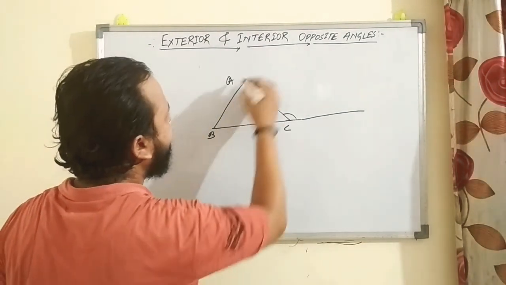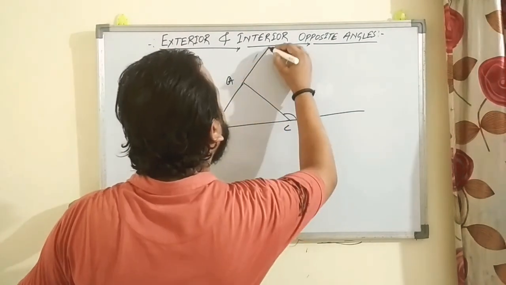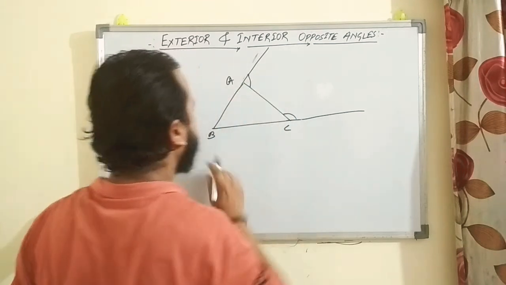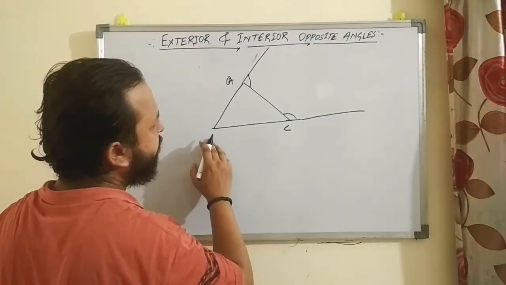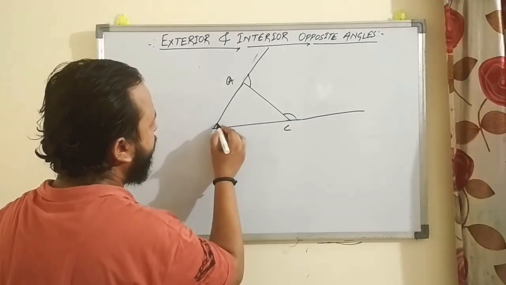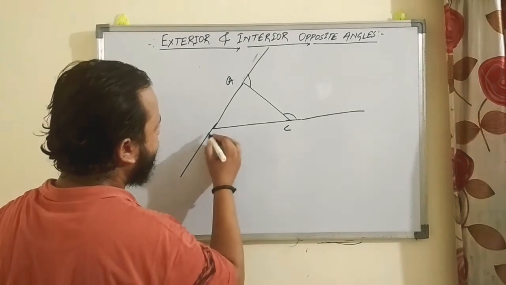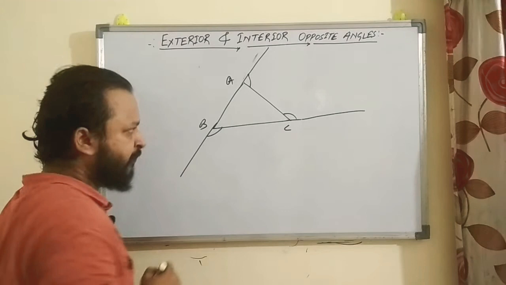Suppose this line AB you extend it, this is also an exterior angle, and if you extend, this is also an exterior angle, right?